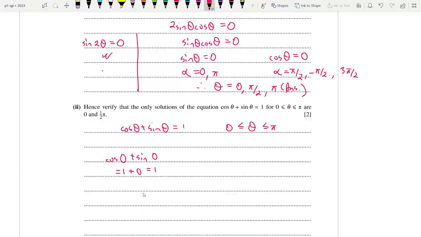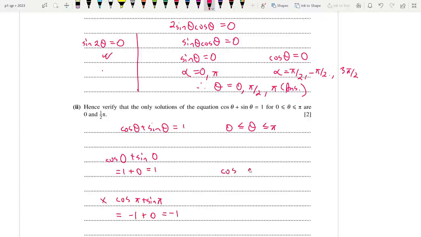Proved. Then cos pi plus sin pi. Cos pi is 1, right? Minus 1, sorry. And sin pi is 0. So we actually get minus 1. So that's not right. This doesn't work.